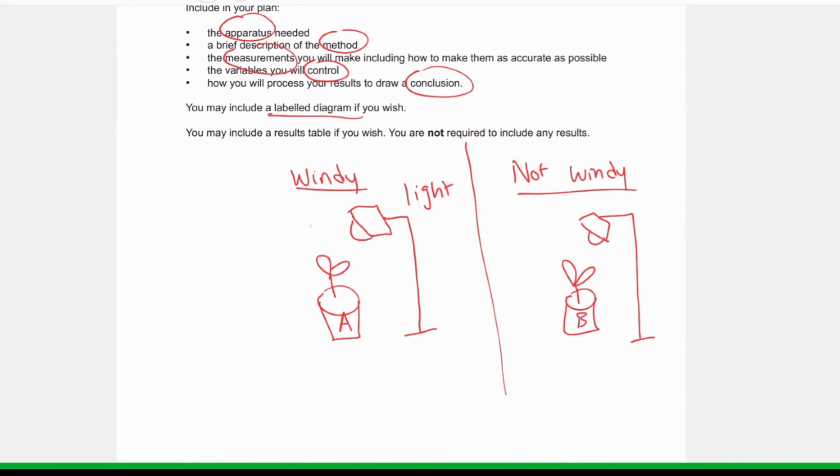For plant A, it's windy, so of course you're going to need a fan or some kind of hairdryer to produce the source of wind. And remember that you don't need to be Picasso. You don't need to draw a really pretty plant. Just make sure that you draw a legible diagram.